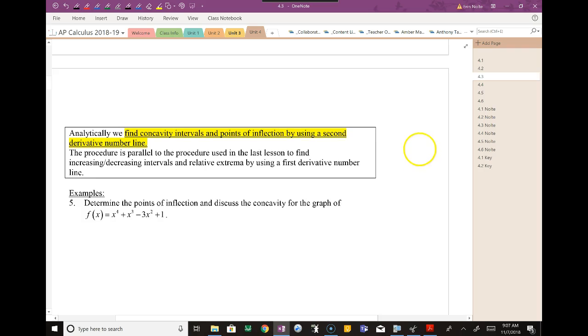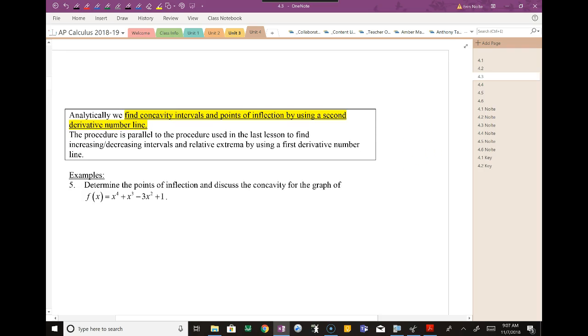Good? Okay. So analytically, which means without looking at a graph, we can find concavity intervals and points of inflection by using the second derivative number line. Just like we did a number line for our increasing and decreasing slopes, we're going to do the same thing with concavity. When you start doing multiple number lines, I think it is smart to start labeling your number lines.